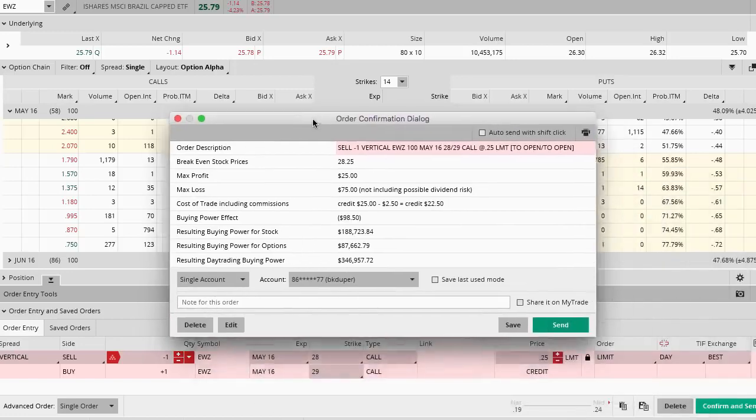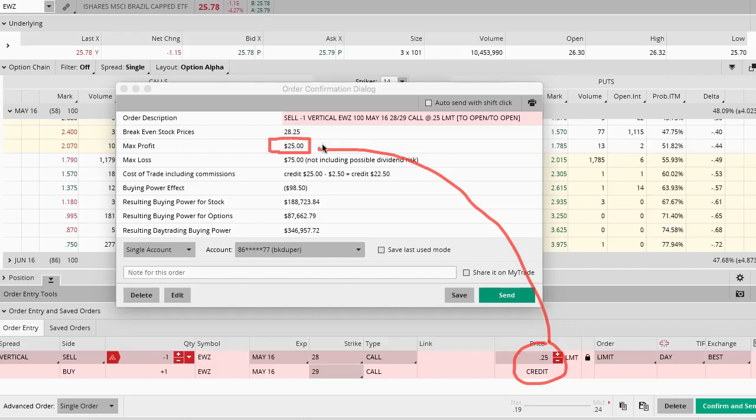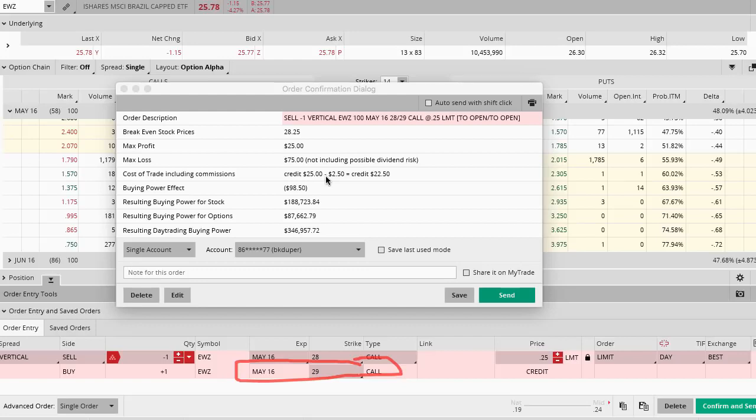Now, if I hit confirm and send, you can see that our numbers are a little bit different. Our max profit potential, since we're still net selling options, is still limited to the credit that we receive. So this is our max profit potential of $25. We can never make more than $25 on this trade. But by adding that long call option at 29, we have protected ourselves from any upside move beyond 29 in the stock.